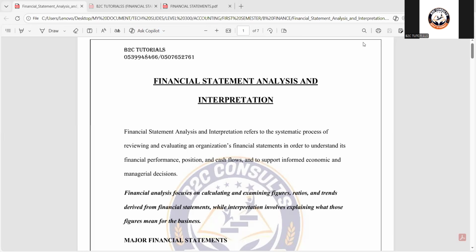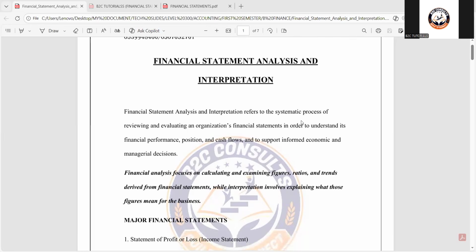Today we want to discuss financial statement analysis and its interpretation. Financial statement analysis and interpretation refers to the systematic process of reviewing and evaluating an organization's financial statements in order to understand its financial performance, position, and cash flows, and to support informed economic and managerial decisions.